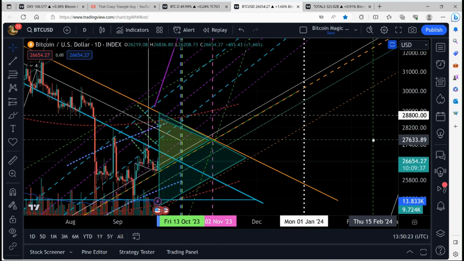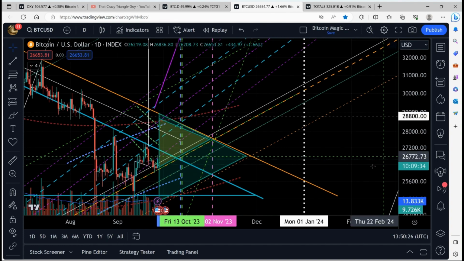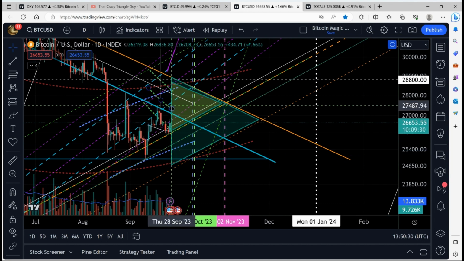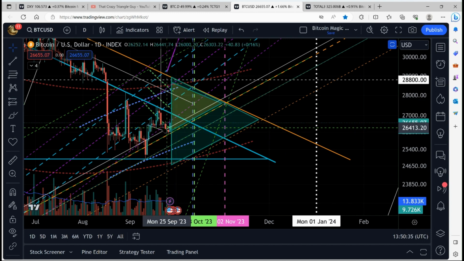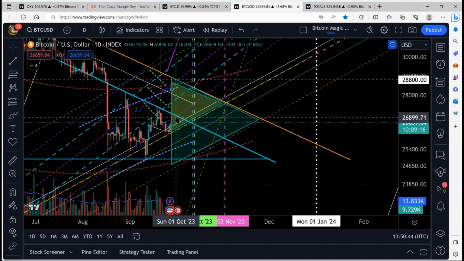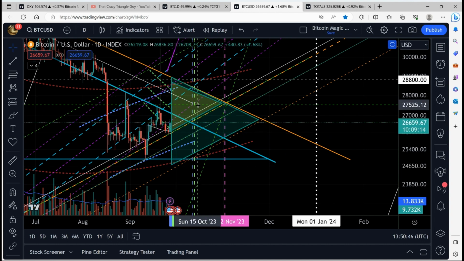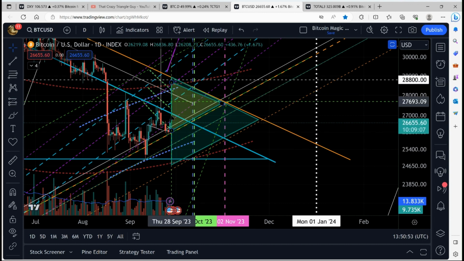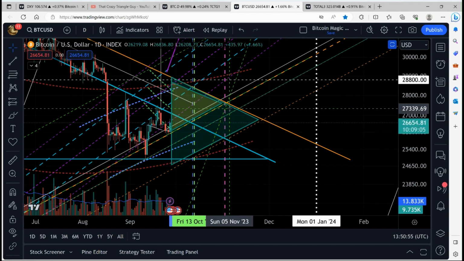As we left off last time, I moved these triangles inward just because they were clouding the price action, but I did have these moved over a couple of days, and said, hey, looks like we're just going to trade here in most probably the smaller triangle, but even possibly the larger triangle here.